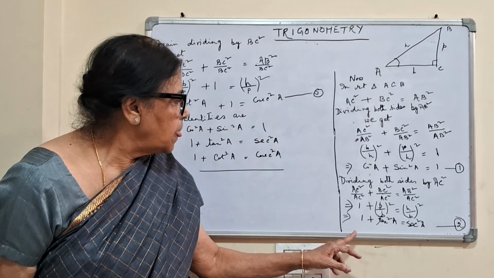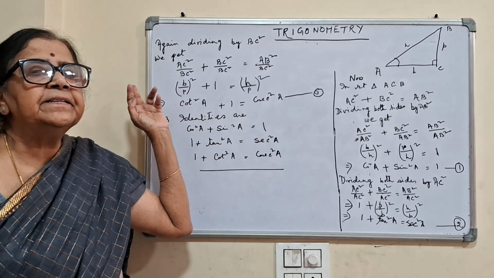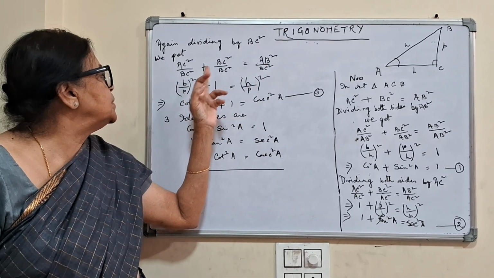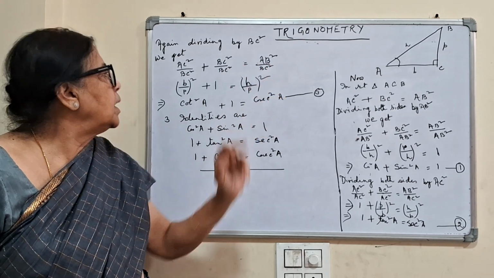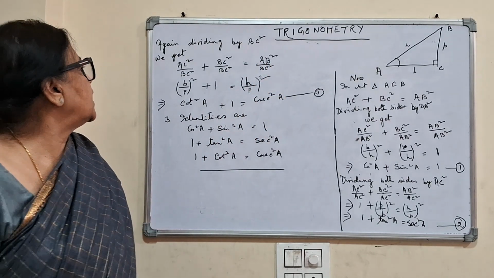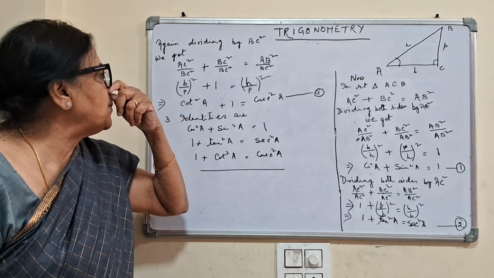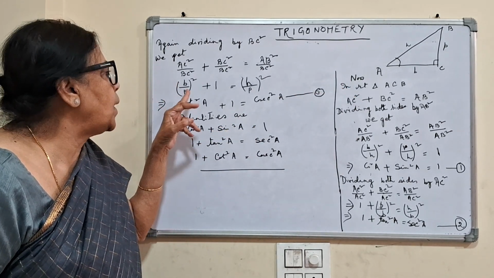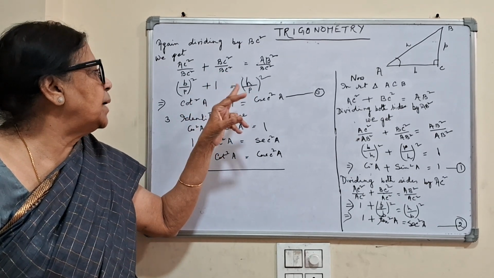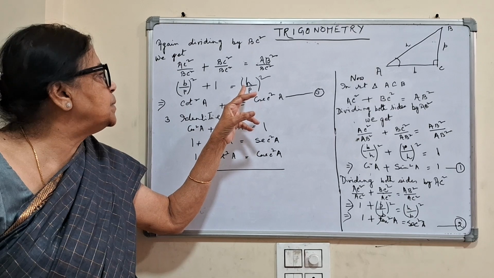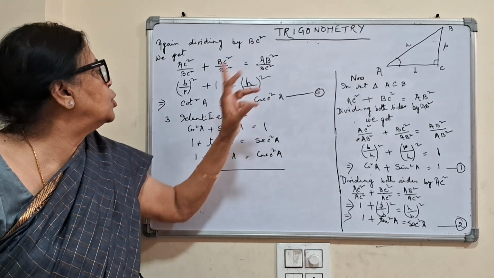Okay. Now dividing by BC square, I get AC square by BC square plus BC square by BC square is equal to AB square by BC square. So that is AC by BC, which is base upon perpendicular whole square, plus 1, the BC square by BC square is 1, and equal to H upon P whole square.